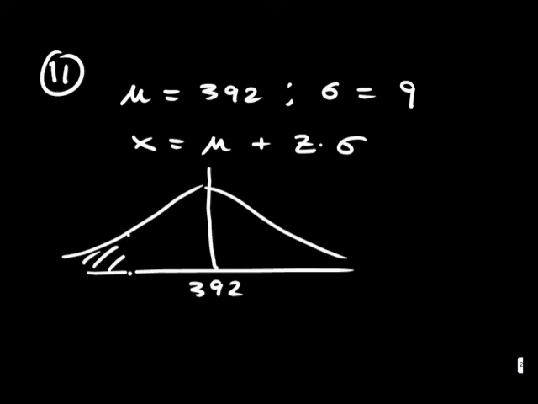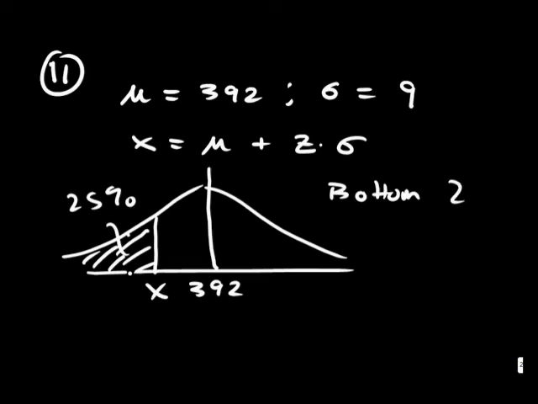Let's draw a little picture closer to scale so that this is supposed to be 25%. We need some value of X that represents the bottom 25%, or first quartile, P25.